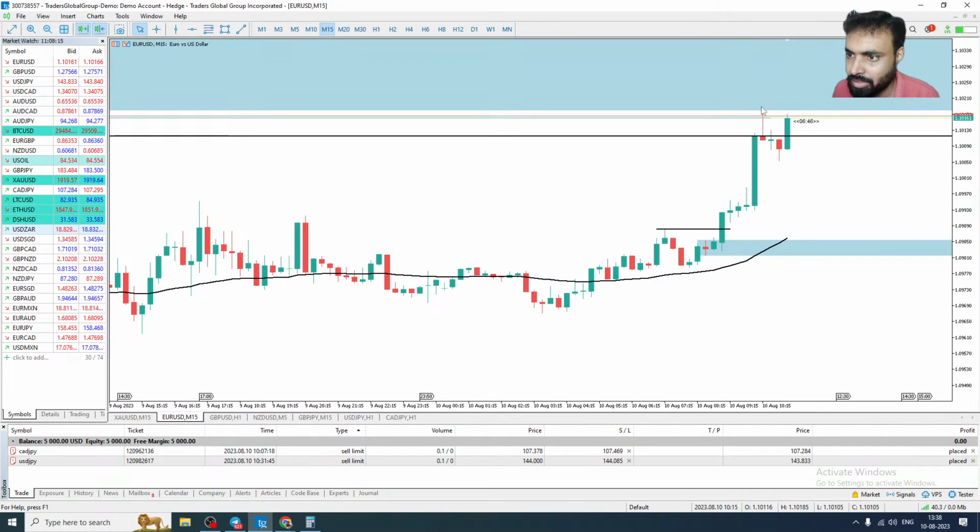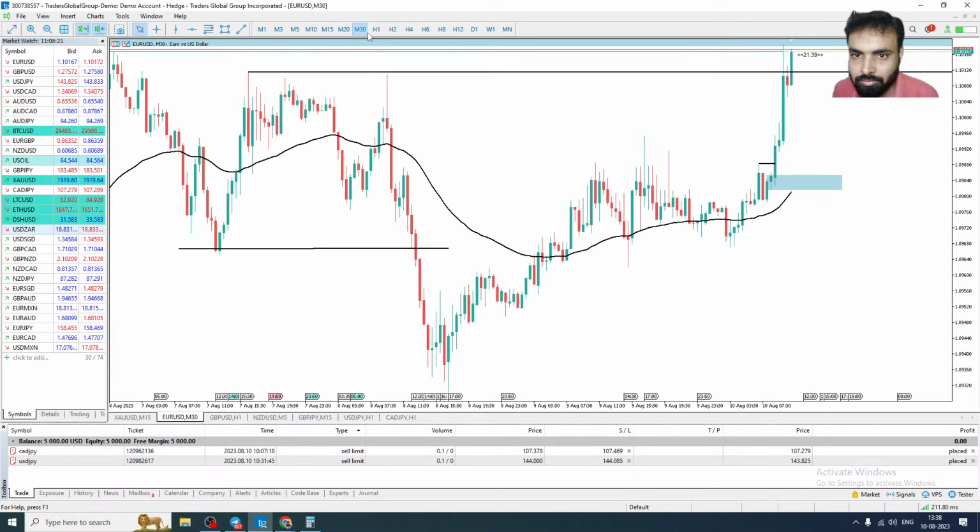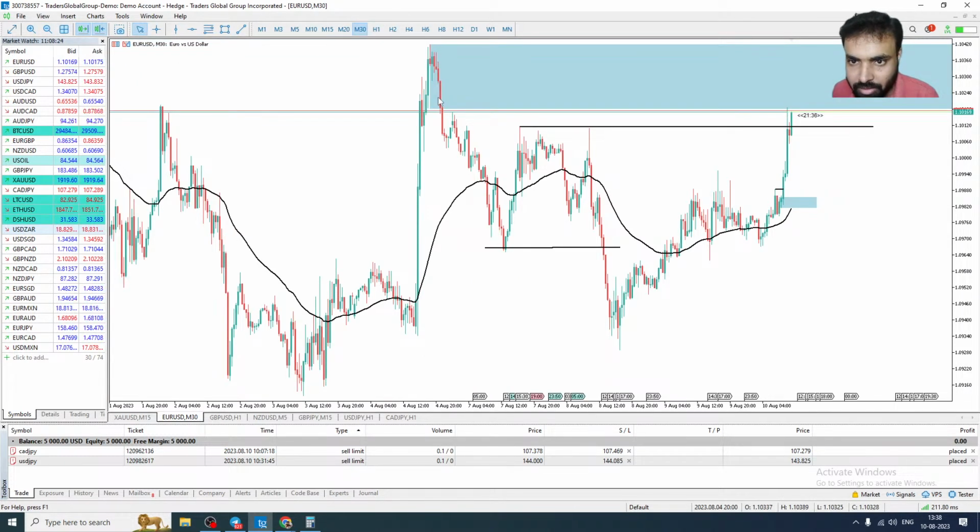EUR USD also did the same thing. It took the liquidity, at the same time it is reacting from the imbalance. I think the imbalance is there here. Yes. We have an imbalance here, right? Okay, from there only it reacted. And it took the liquidity. Note this point. It took the liquidity. So it's approaching the order block.